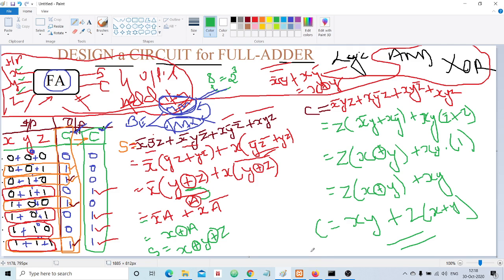So this is what you have to do. Once you have a simplified expression, the last step is to come up with a final logic diagram for the full adder circuit. Now to explain further, I will erase the previous content.